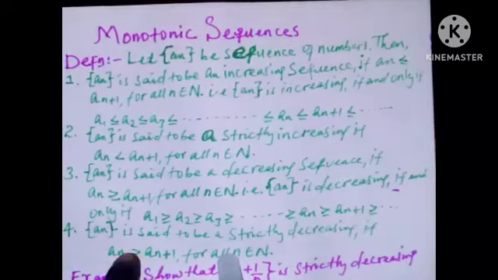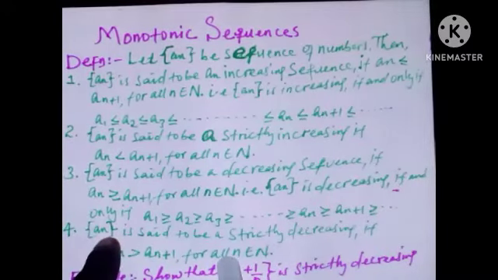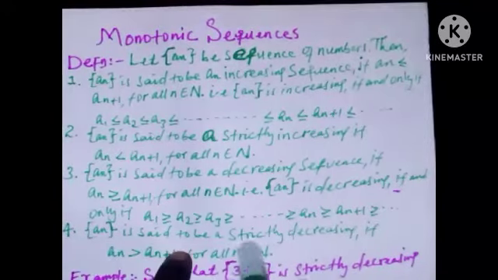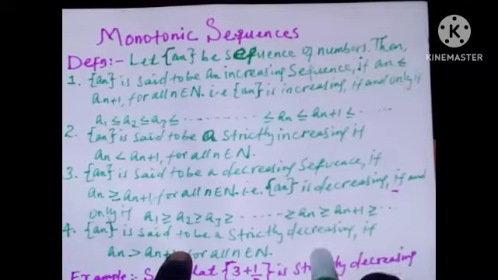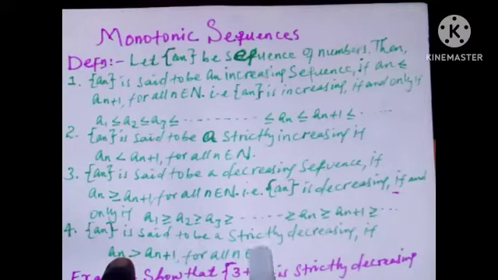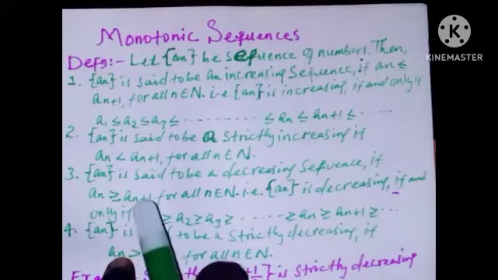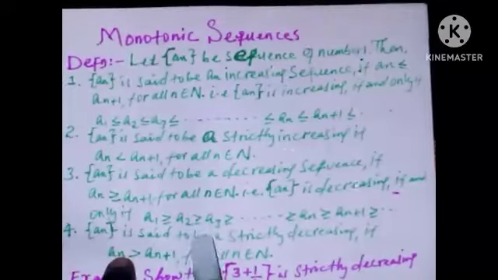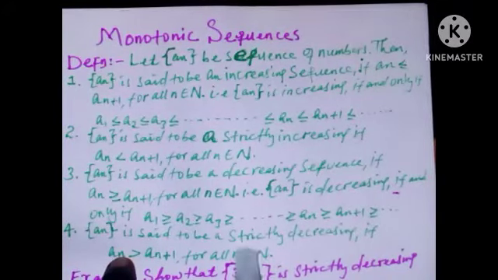Okay, the fourth one. The sequence a_n is said to be strictly decreasing if a_n is greater than a_(n+1). This means that if the first term is greater than the second term, we say that the sequence is strictly decreasing, for all n an element of the natural numbers.